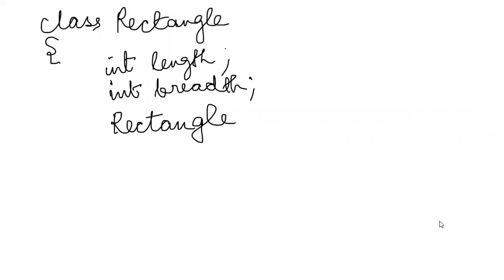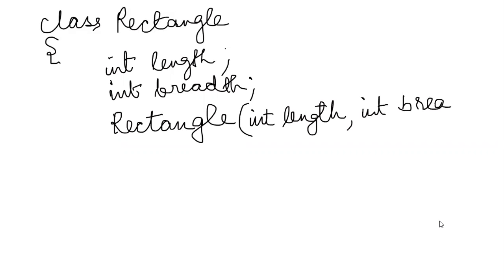rectangle, and now I have two parameters. So let me give the names of these parameters as int length and int breadth. So now, as you can see here, we have two instance variables, length and breadth.